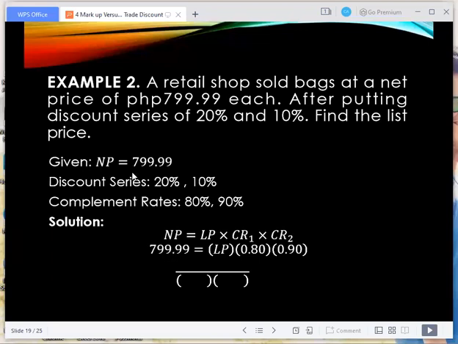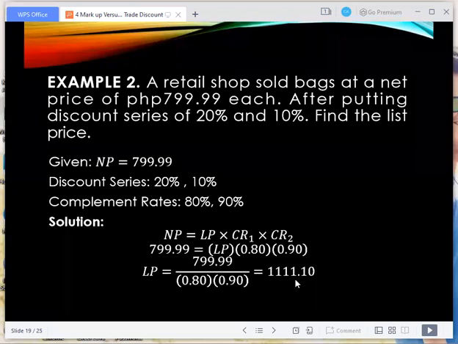So substituting the net price, you have 799.99. The list price is unknown. The complement rates are 0.80 and 0.90. Solving for the list price, you have the net price over the product of the complement rates. You get 1,111.10. That will be your list price.